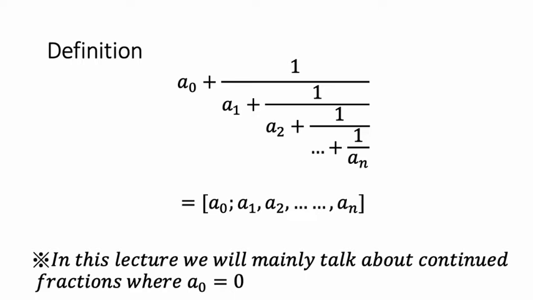We can also denote continued fractions in this form, left bracket a0 semicolon a1 a2 till an and a right bracket. In this lecture, we'll mainly talk about continued fractions where a0 equals 0. Also, I would like to remind you that there's an important restriction on continued fractions, where a0 can only be a 0 or a positive integer, while a1 till an can only be positive integers. It cannot be 0.